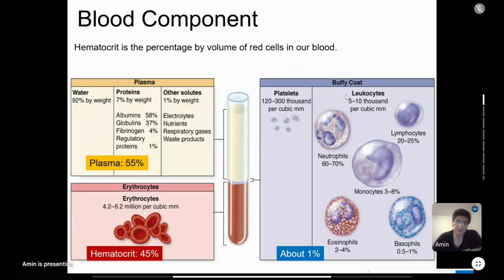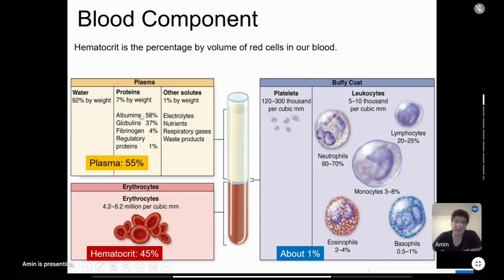Blood components: you can see in this chart or table that plasma consists of three parts. Water is more than the other parts, about 92% by weight.